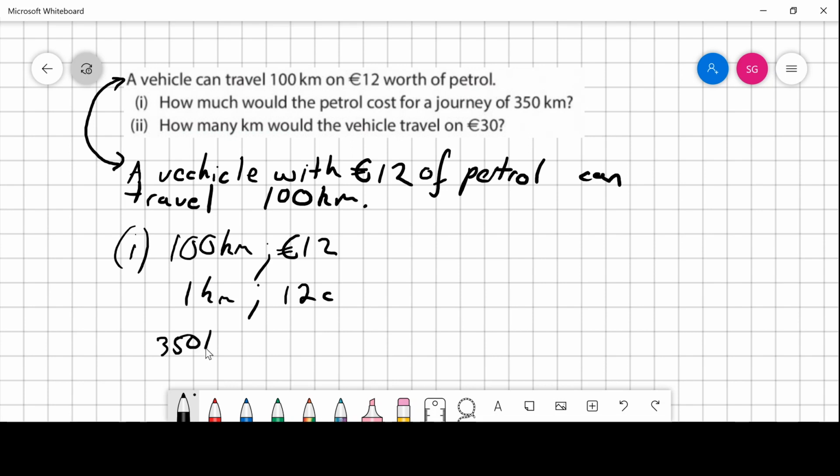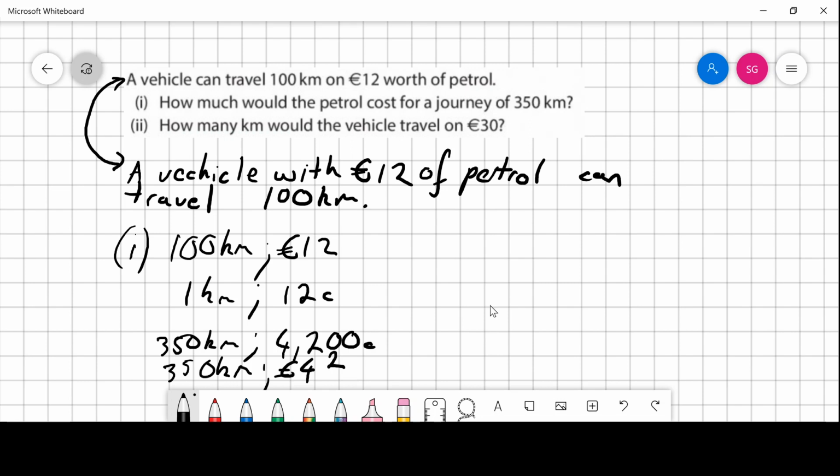So 350 kilometers, that'll be 12 cents multiplied by 350, so 4,200 cents. You wouldn't pay someone 4,200 cents. What would you pay them? Well, you'd pay them just 42 euro, right?